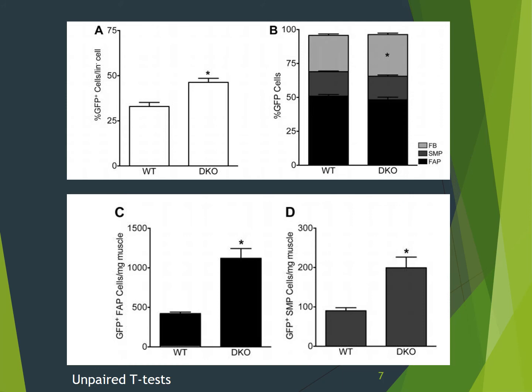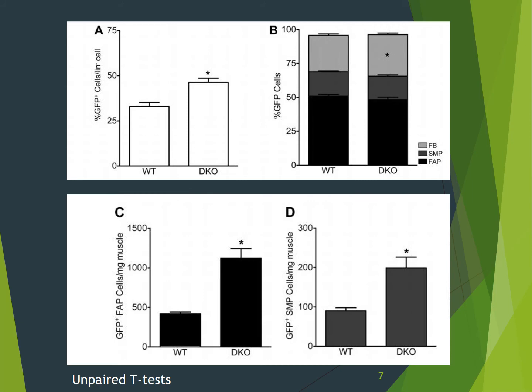And then the next lightest is the SMP, or skeletal muscle progenitor cells, which did see a statistically relevant decrease in the knockout mice compared to the wild type mice. And then finally we have the blast cells in the lightest color, which also did not see a statistically different amount between the wild type and the DKO mice.